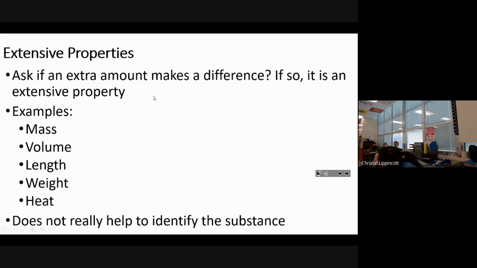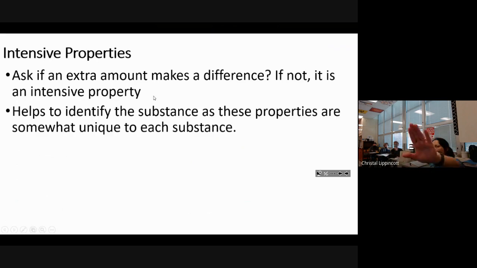It is good for data, and we need it for other situations, but for identifying what that material is, it doesn't do well for us. In that case, we need to lean on intensive properties, and we'll talk about what they are in just a second.